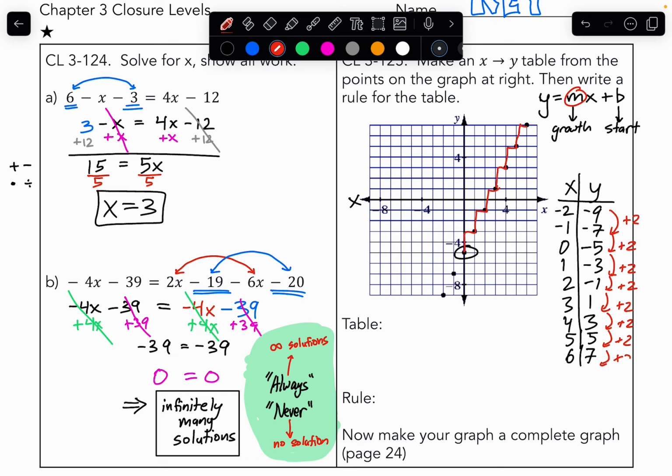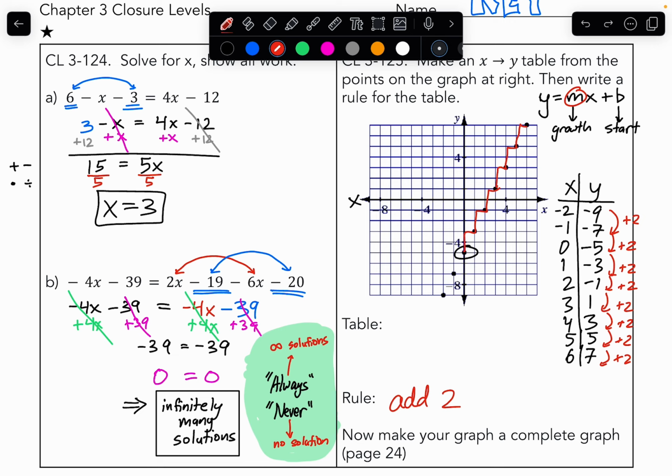So I notice a lot of people on their tests say, hey, the rule is going to be add 2. No, do not say add 2. You have to tell me, where did you start? For example, if you said you're going up by 2 million every day, I'll say, yo, that is awesome.